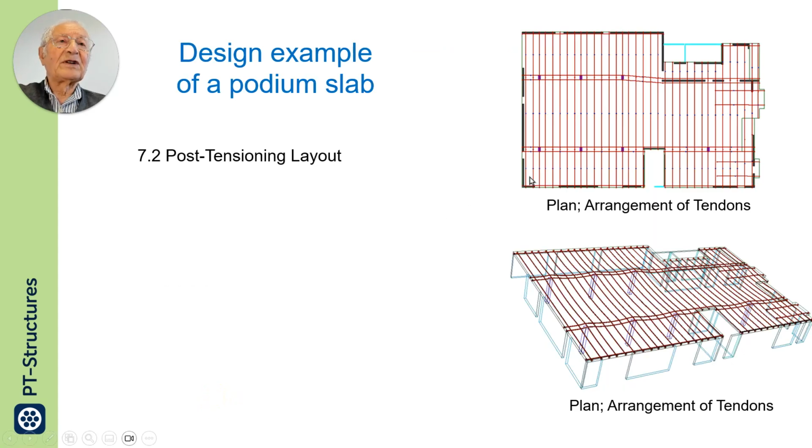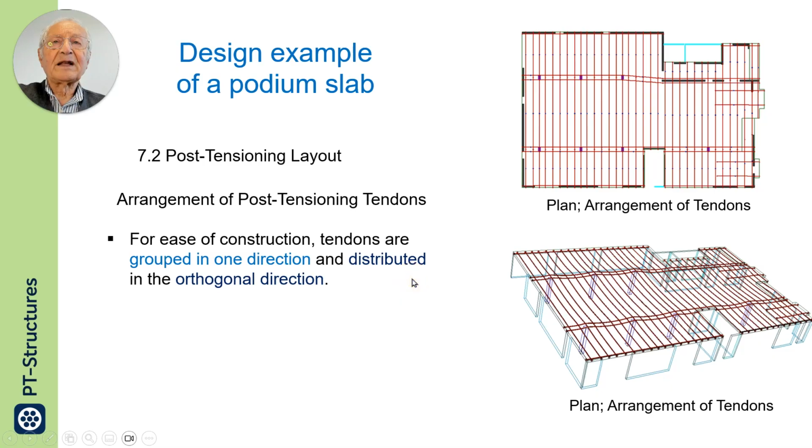Then I have to make an assumption regarding the arrangement of tendons. The common practice in the US is to group them in one direction over the line of columns and distribute them orthogonal to it in the other direction, grouped in one direction and distributed in the other.